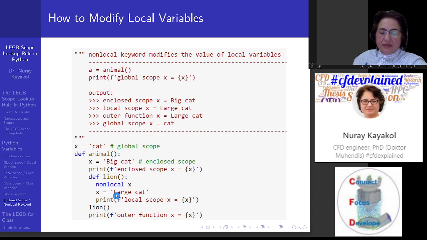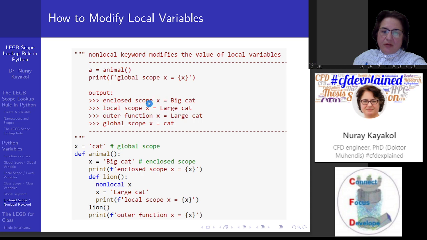When you do this, everything inside of the nested function becomes a large cat. You see, local scope, large cat, outer function, large cat.